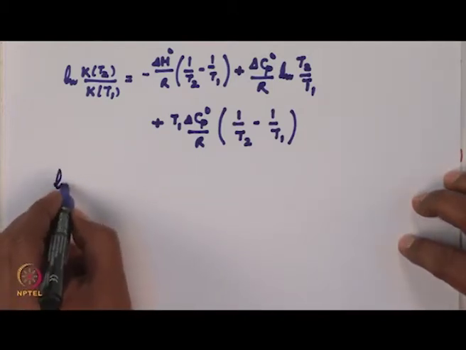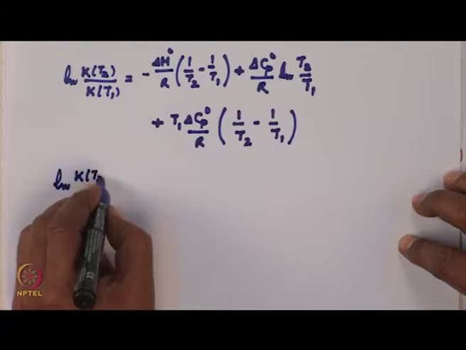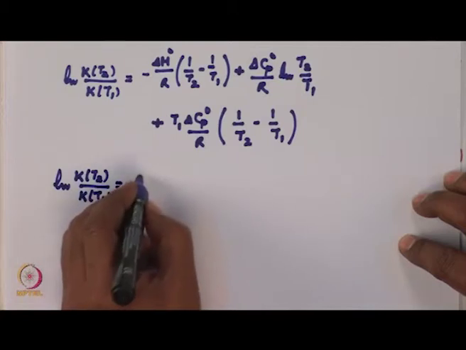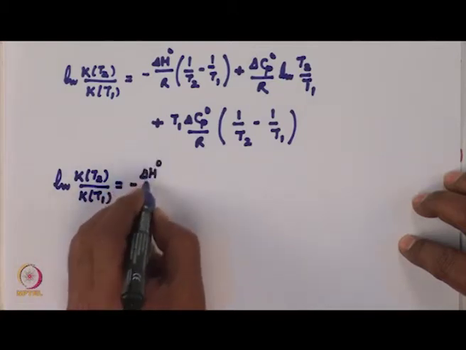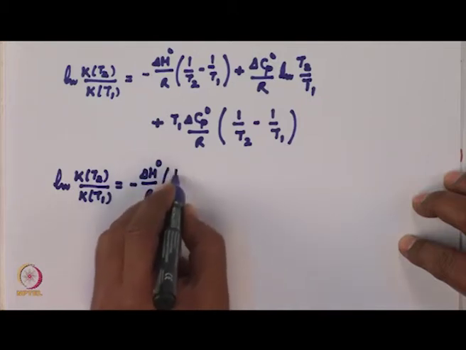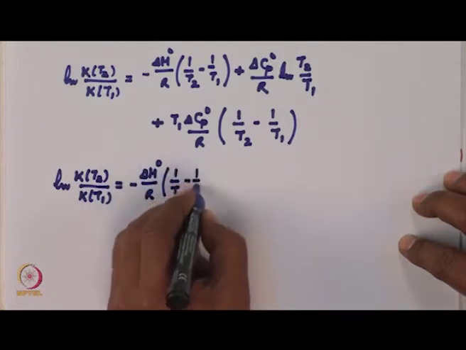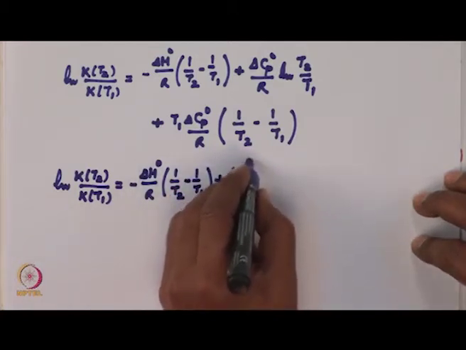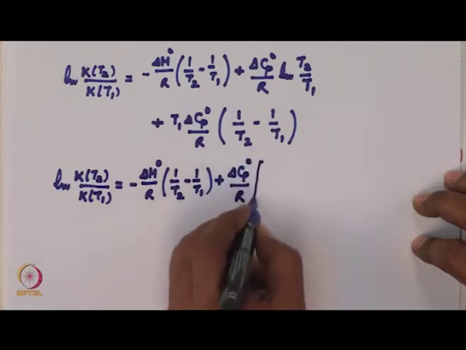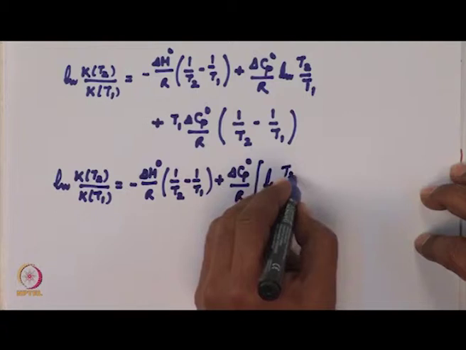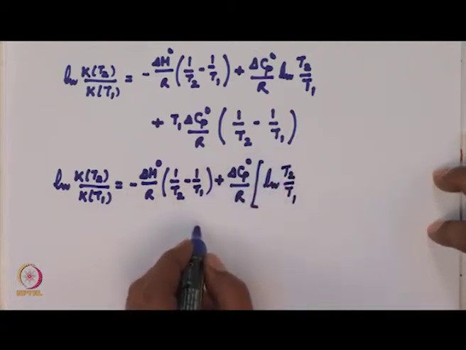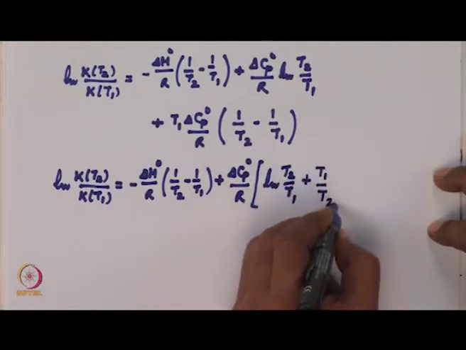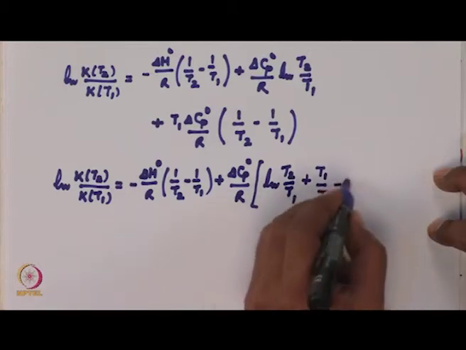So what I have now is log K at T2 over K at T1 is equal to minus delta H naught by R into 1 over T2 minus 1 over T1, plus delta Cp naught by R, and I have log T2 by T1 plus T1 by T2 minus 1.